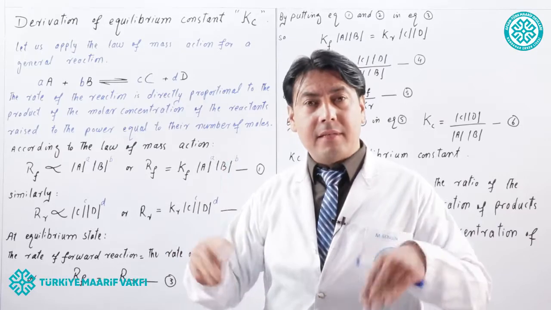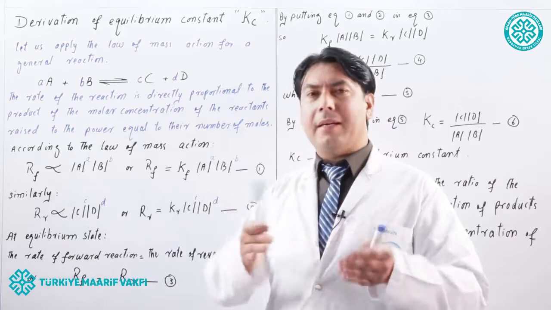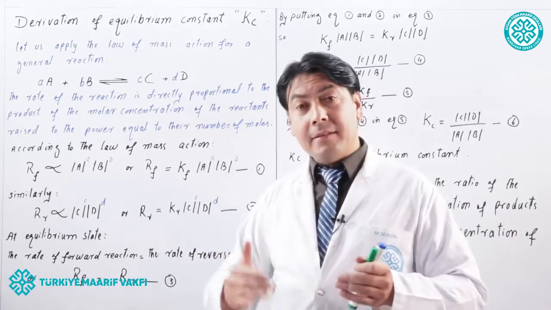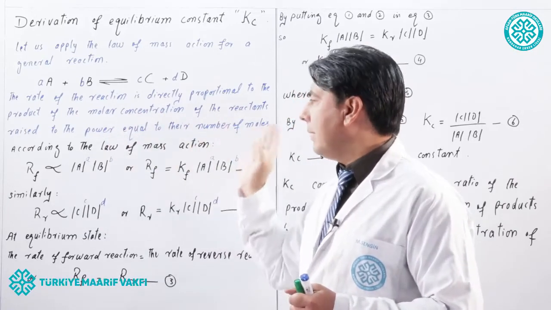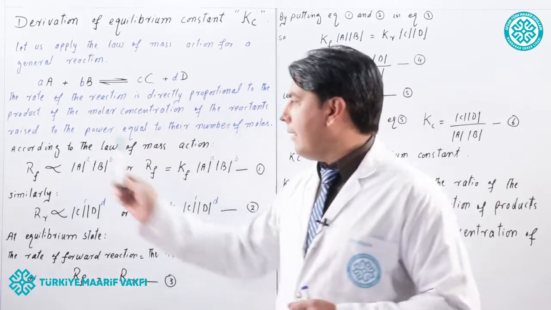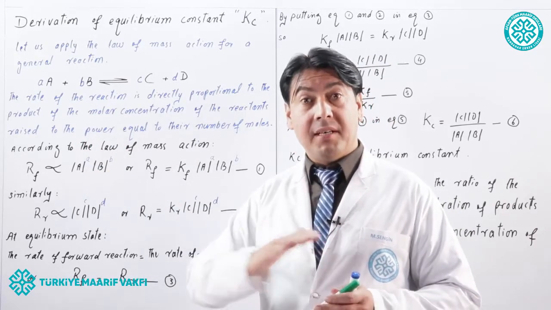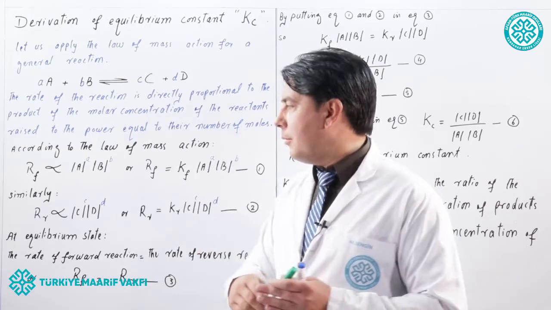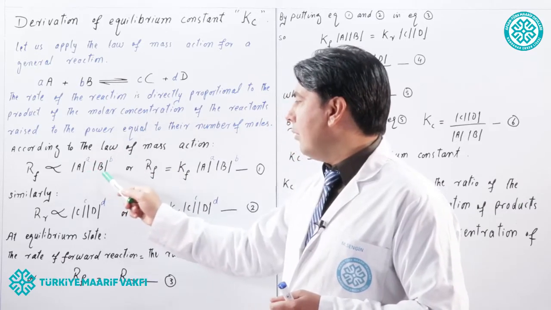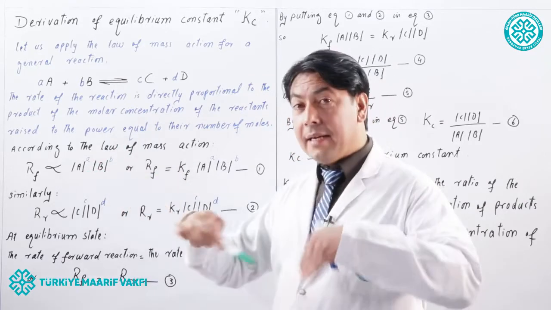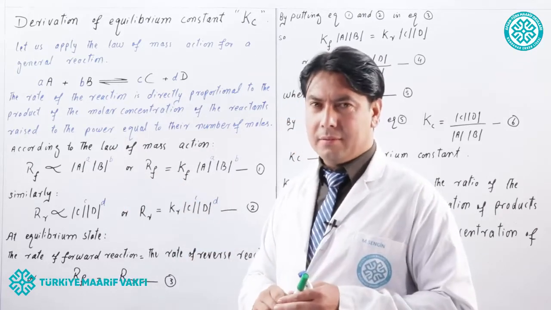So, according to the law of mass action, the rate of forward reaction is directly proportional to the product of the molar concentration of reactants raised to the power equal to their number of moles.